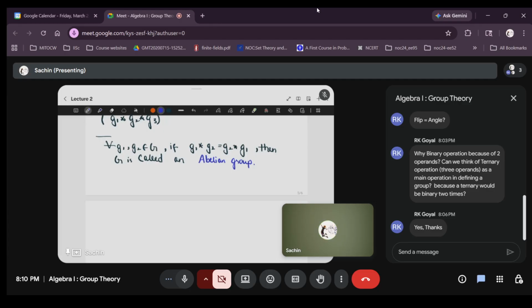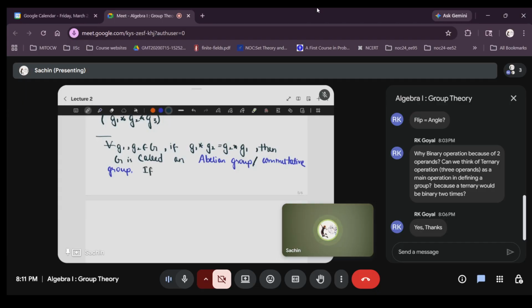But he started using it for functions, and that's where the idea came from, at least in Western mathematics. Or you could also just call it a commutative group, because that property, that G1 times G2 is equal to G2 times G1, is called the commutative property.